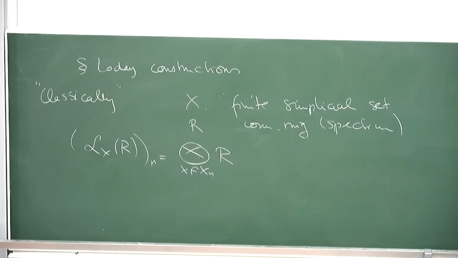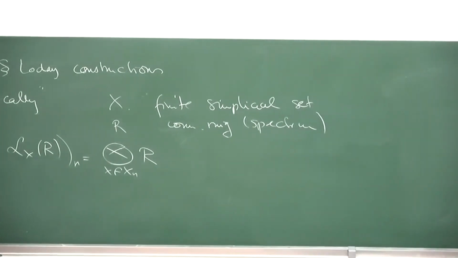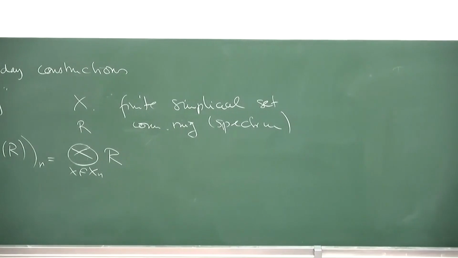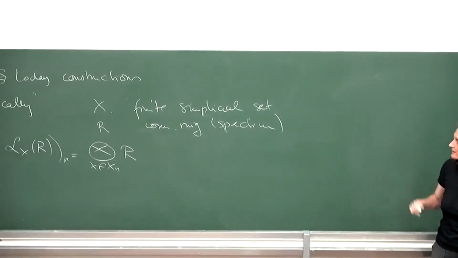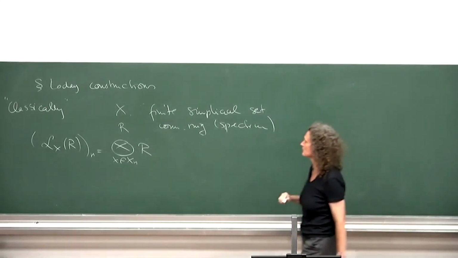And of course there's no ordering, so you need commutativity so that this is well defined. If you don't have a pre-image, you insert the unit, and that gives you a simplicial commutative ring.